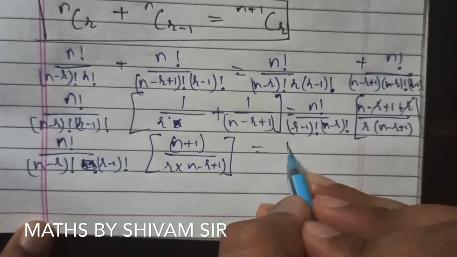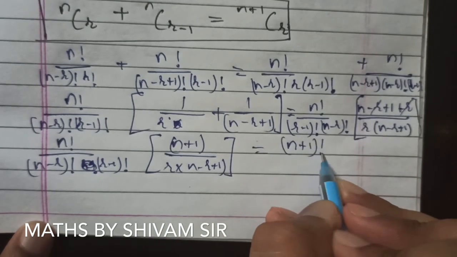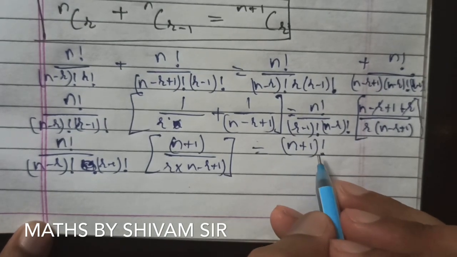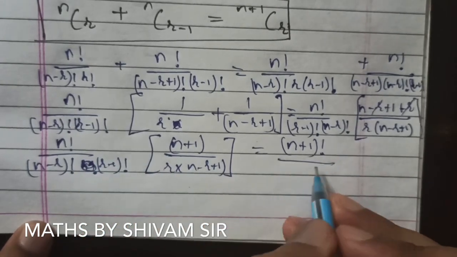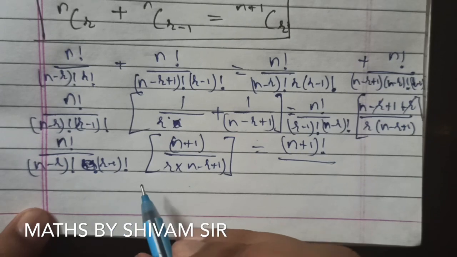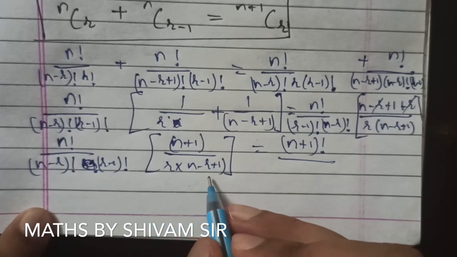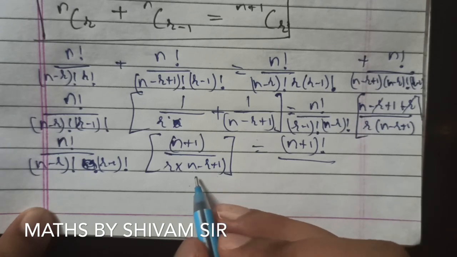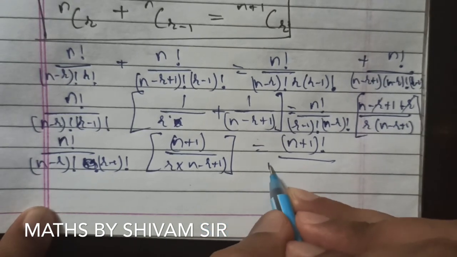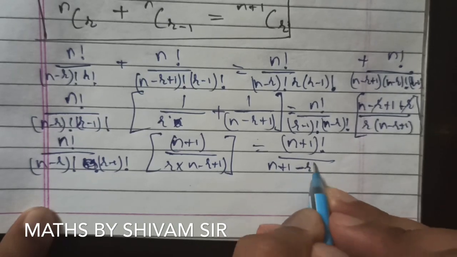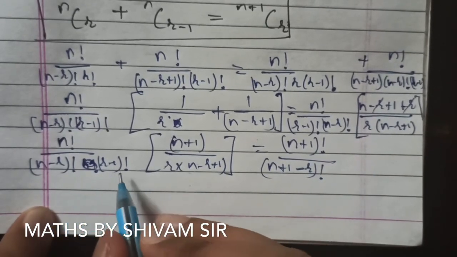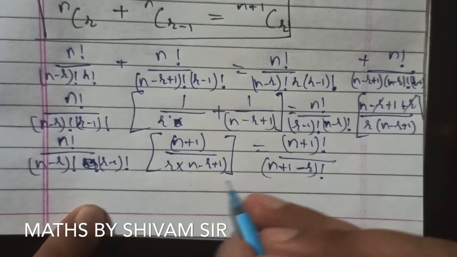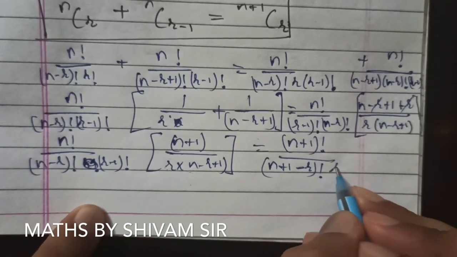So can we say this is (n plus 1) factorial? What is (n plus 1) factorial? (n plus 1) multiplied by n factorial. Upon (n minus r) multiplied by (n minus r plus 1), so this is (n plus 1 minus r) factorial. And here we have r multiplied by (r minus 1) factorial, which is r factorial.